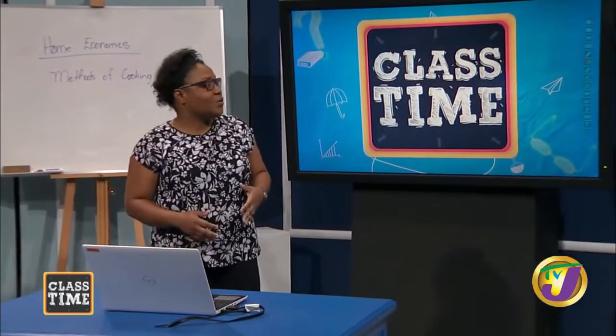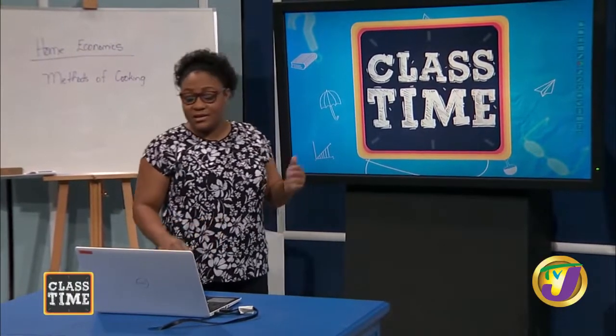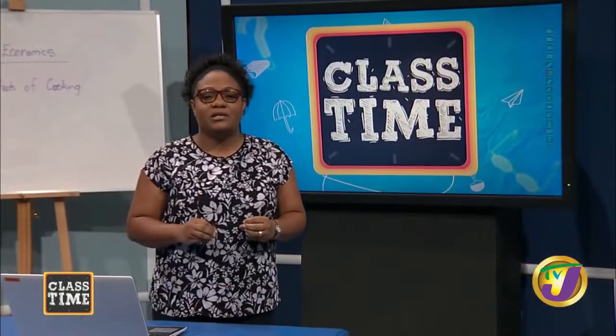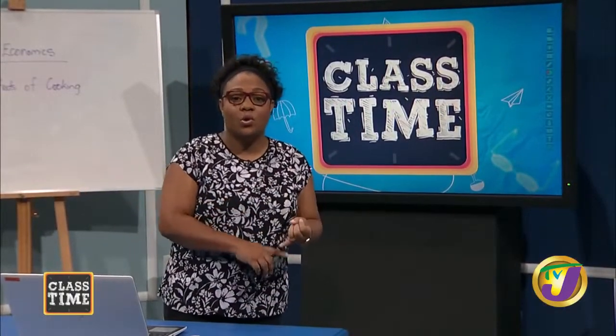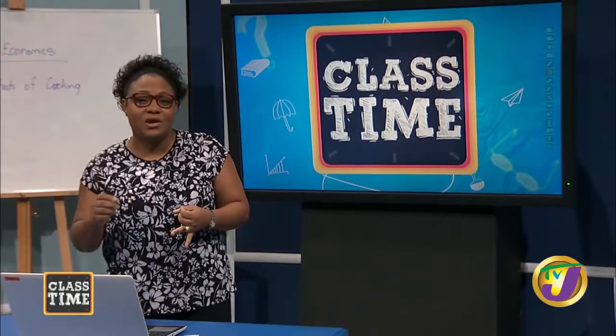In today's lesson, we're going to be looking at the different methods of cooking and the advantages and disadvantages of each method. Last week, we looked at a KWL chart, and I encouraged you to do a KWL chart for every single lesson. It is what you know, what you want to know, and what you have learned at the end of the lesson.